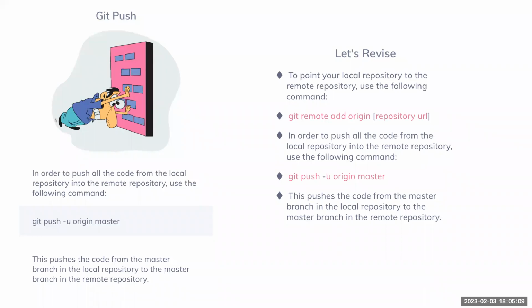Master is the branch name. This pushes the code from the master branch in the local repository to the master branch of the remote repository.